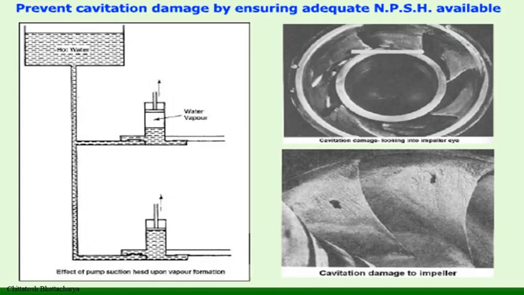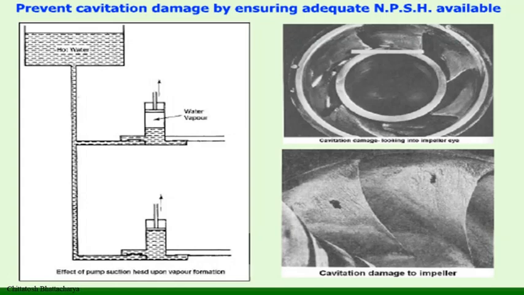There may be an increase in noise and vibration, and there may be partial chokage of the impeller passage that may reduce the pump performance, and in an extreme case there may be total loss of head. So all these things may happen with unavailability of required NPSH, that is, when it is not being met with available NPSH.